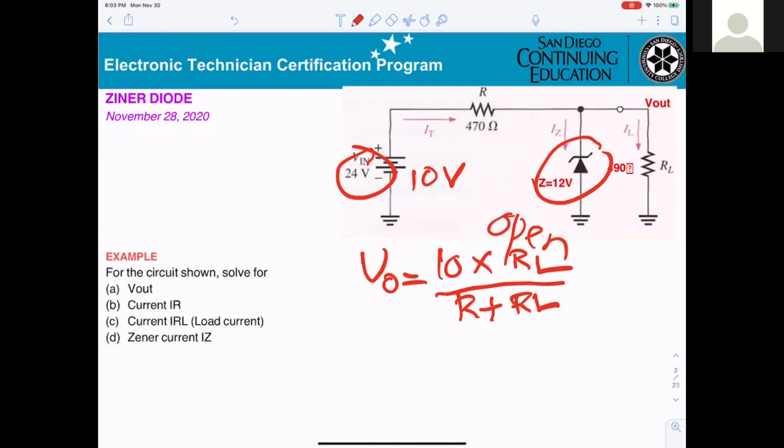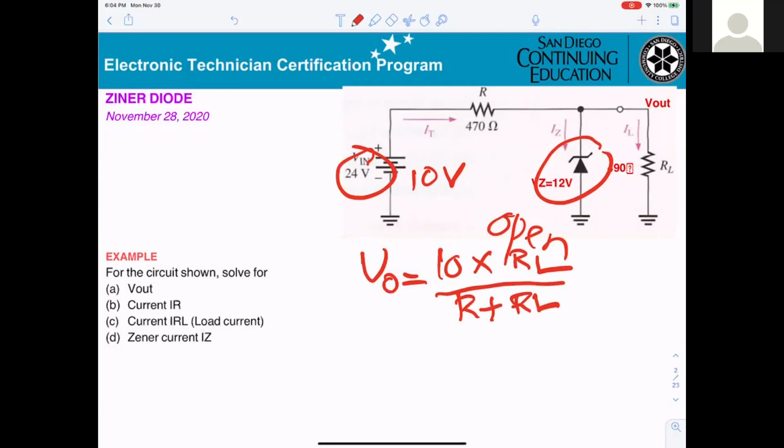Mr. Pham, I have a question. Yeah. In the previous circuit, you said that if the Zener breakdown is less than 12 volt, then you get the same output. And in the previous circuit, there was no load, and that's why it was the same 10 volts. Yeah, if you don't have a load.